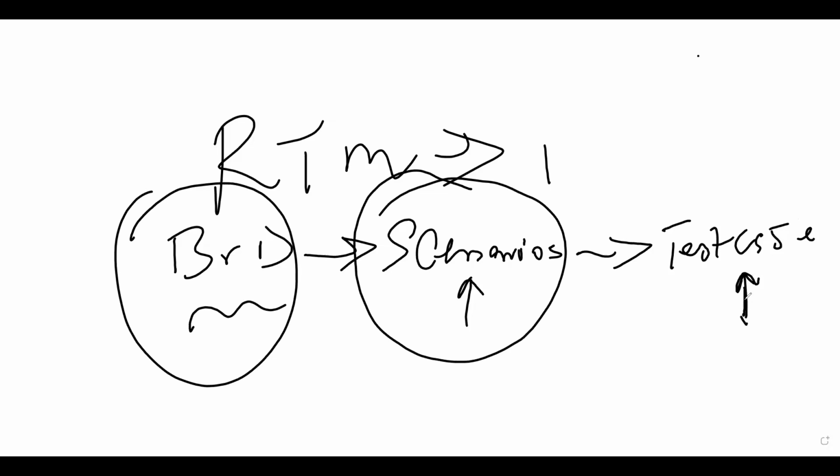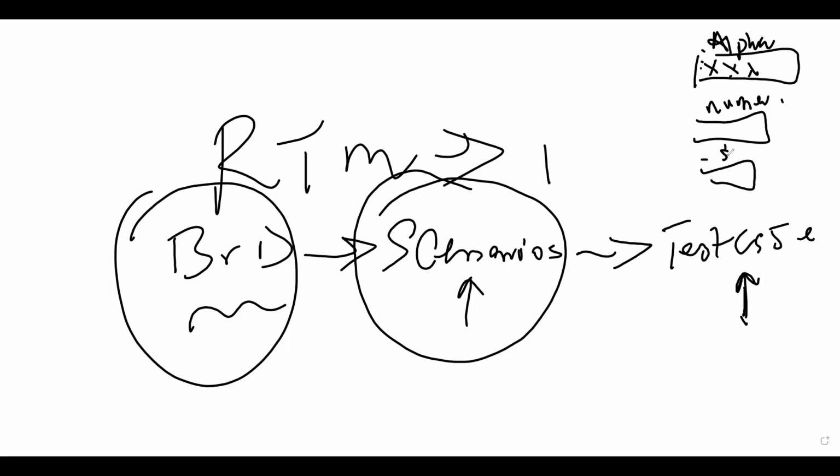I'm testing it with alphanumeric values, I'm testing with numeric values, I'm testing with characters like dollar symbol, underscore, at the rate, all those things. It's step by step how this application is going to behave.